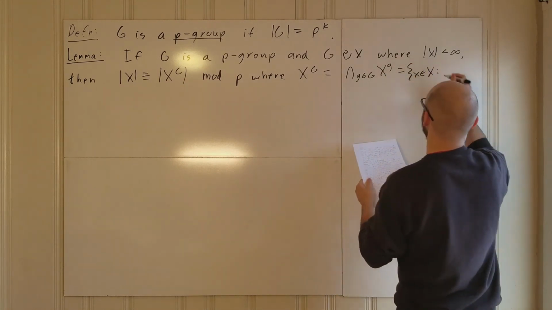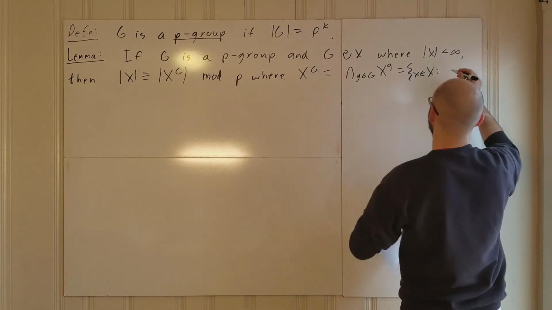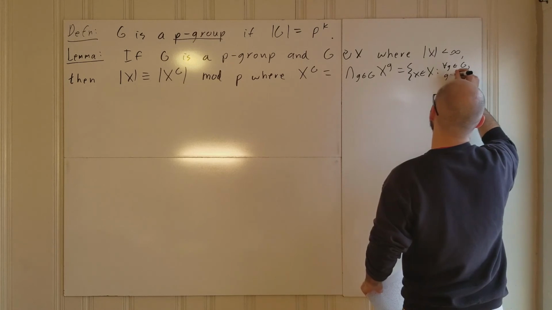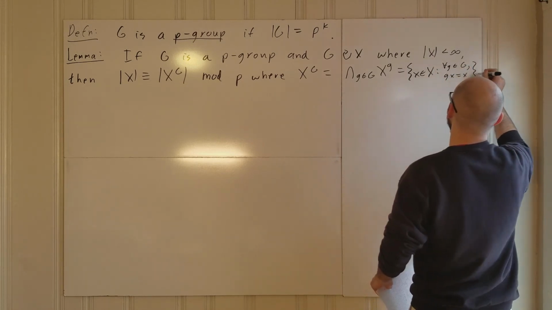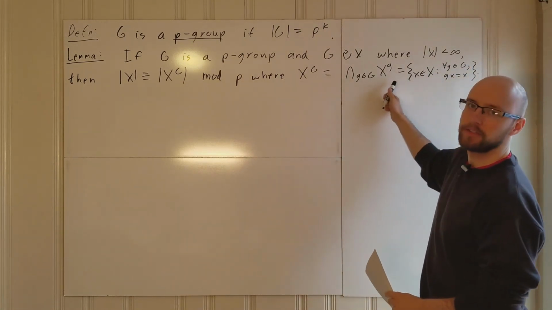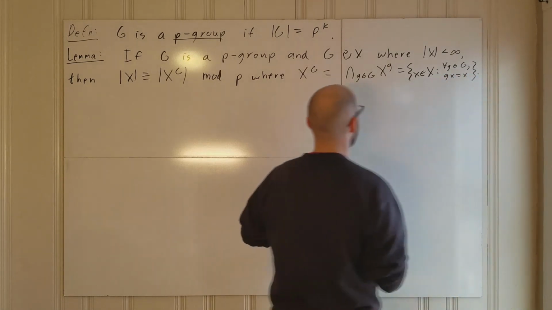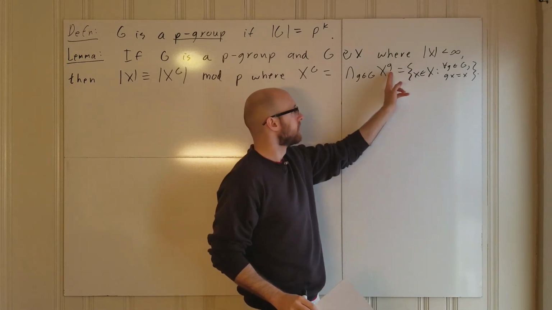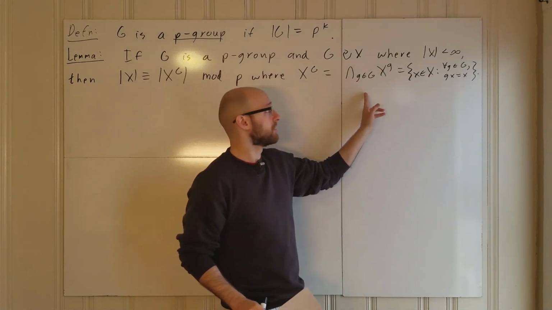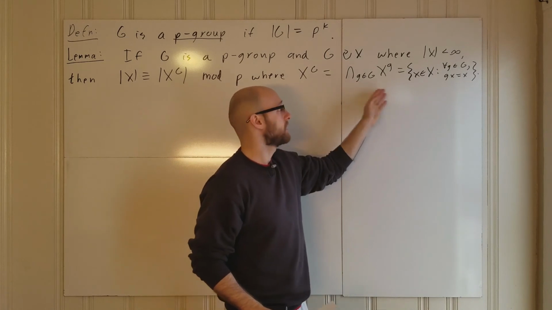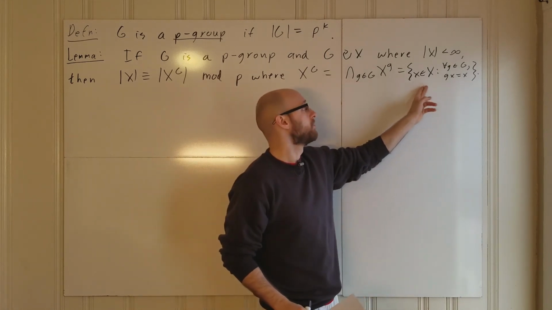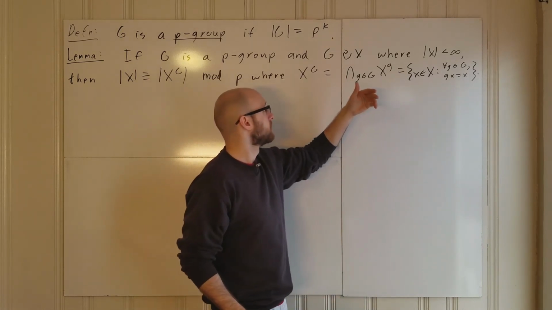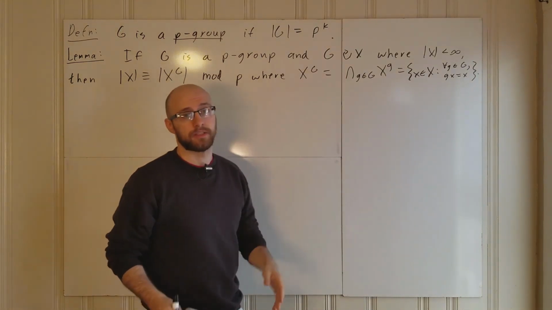Let's write it out: for all g in G, gx equals x. Remember, X^g is the collection of points in X that are fixed by this little g. If we take the intersection over all of these, that gives us the collection of x's which are fixed by every single g in G. And that's how we define this intersection.